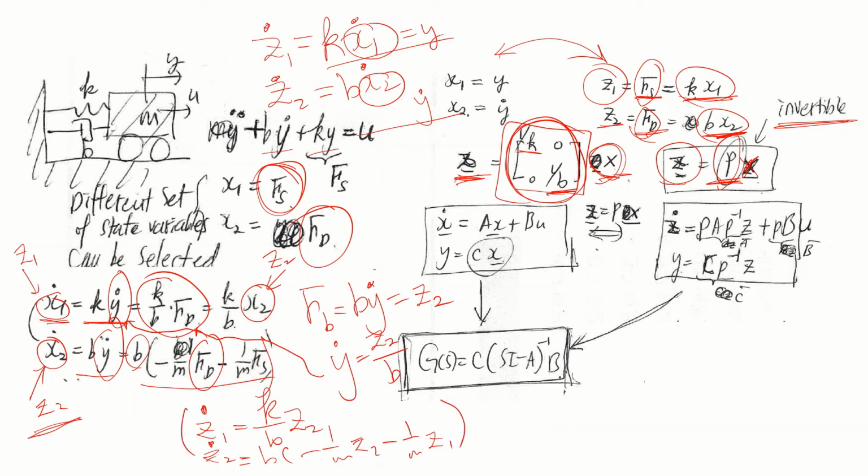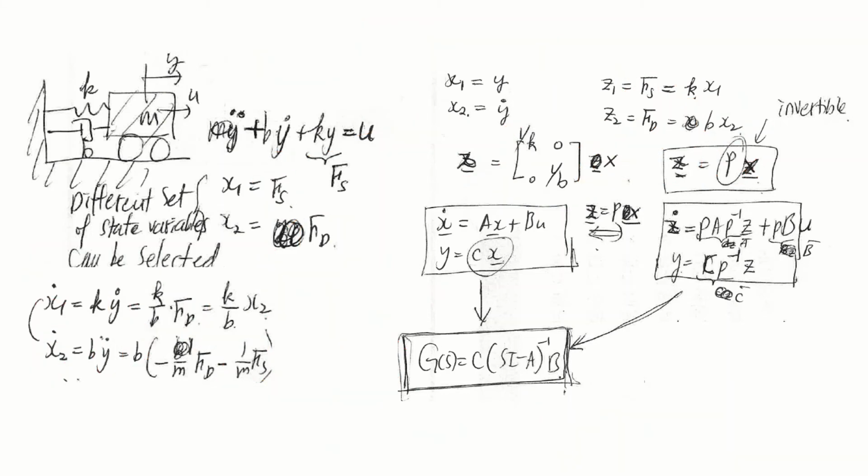So my point is, you are going to get just a different state model, right? Your A matrix will be 0, k over b, and minus 1 over m, minus b over m. So this is your A matrix, and you are going to have a different state model in the end.